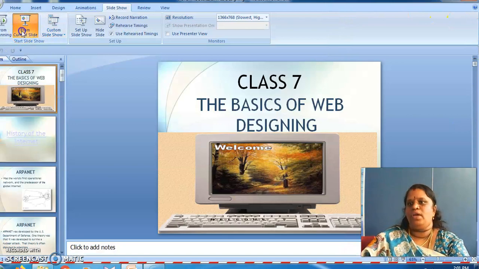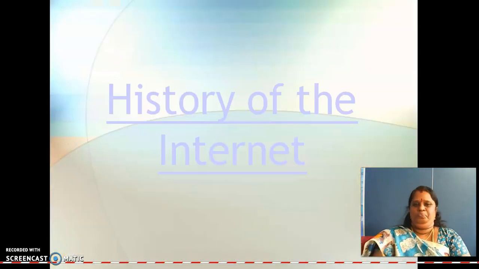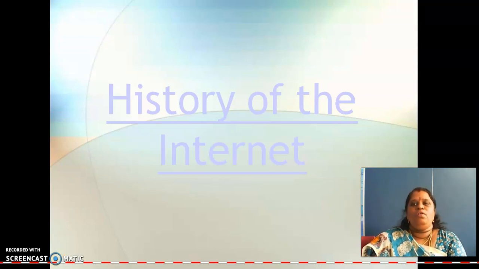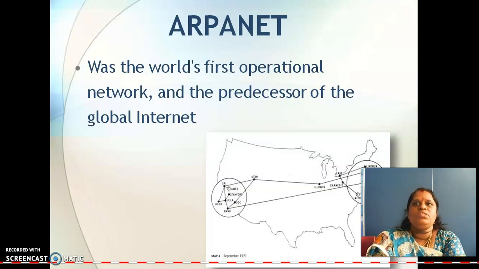Okay. So, the basics of web design, we are going to see now. Before going into the basics of web designing, you want to know the history of the internet, right? Before the history, the first net developed is ARPANET. It was the world's first operational network and the predecessor of the global internet.